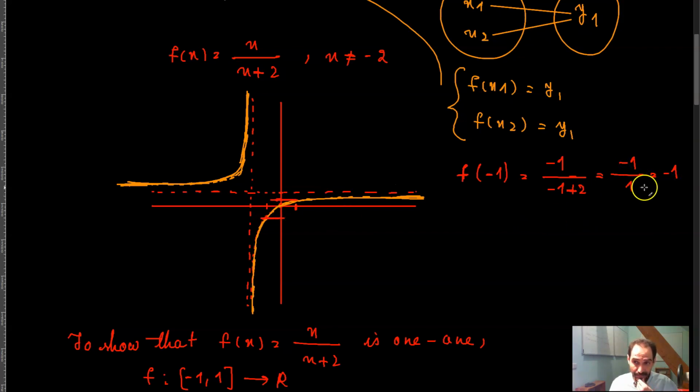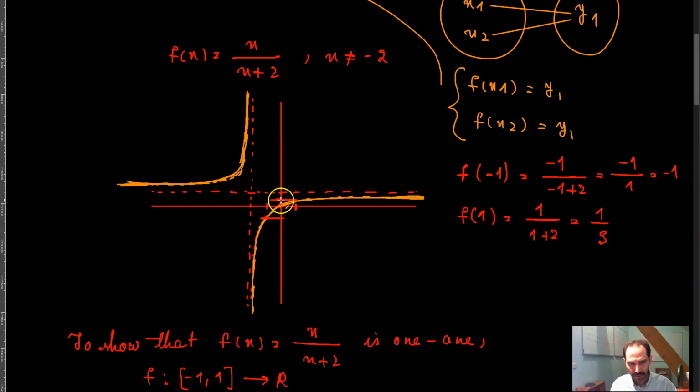And then from this point, as you can see, the output of the function is increasing and increasing until it gets to x equal to 1, right? So f of 1 is going to be equal to 1 over 1 plus 2, which is equal to 1/3.